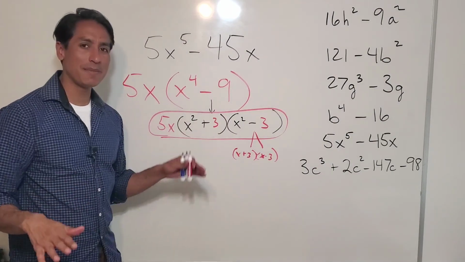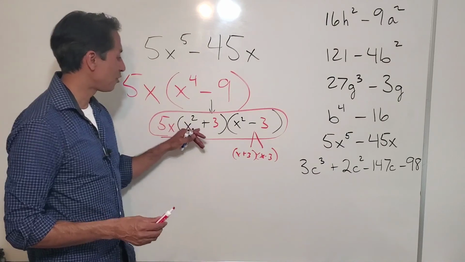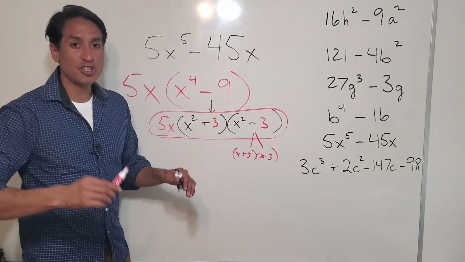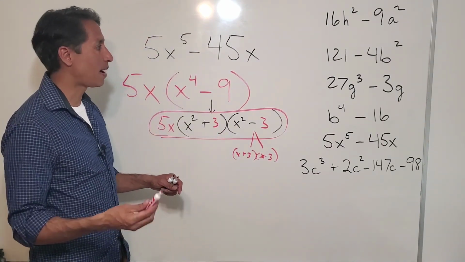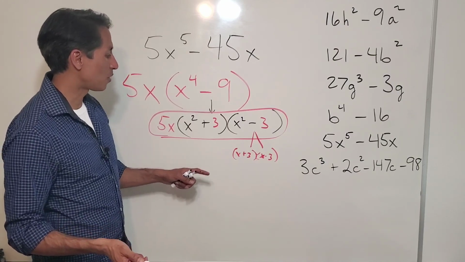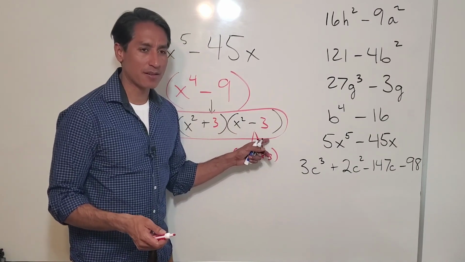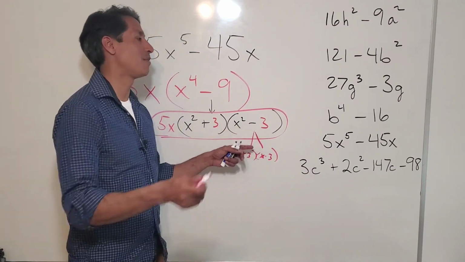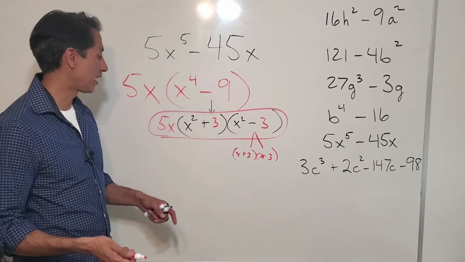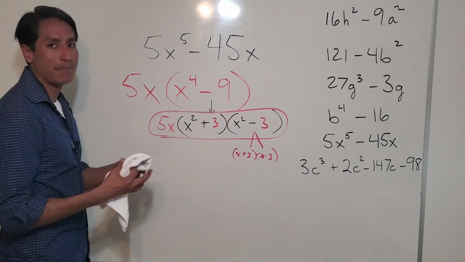If that last part didn't make sense, that's okay, but just start to look at every single part of these and start to look for more differences of squares, because they're going to throw them at you, okay? You're going to have problems where you get something minus another perfect square amount and go, oh, it can go down even more and keep on going, okay? And that's what's going to happen as the numbers get a little bit bigger.